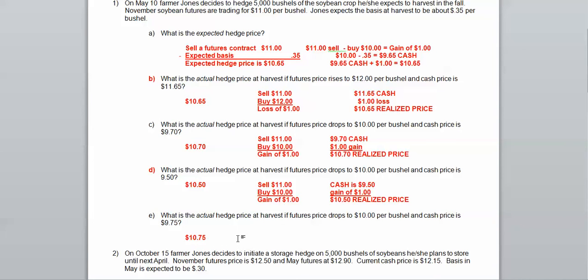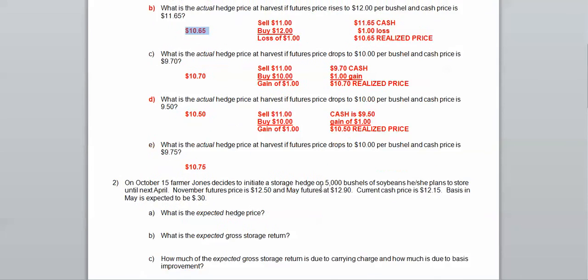The basis at the end is 25 cents. We take 25 cents off our initial position of $11. $11 minus 25 cents is $10.75. We also initially projected a hedge price of $10.65, but a basis of 35 cents. We end up with a basis of 25 cents. So that's 10 cents better. So we end up with an actual hedge price that's 10 cents better than our projected hedge price. Okay.